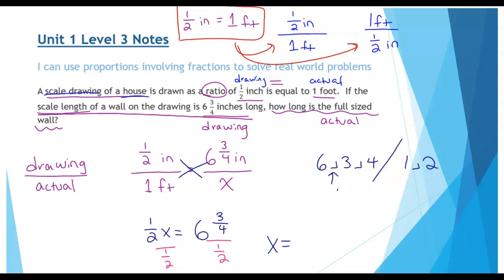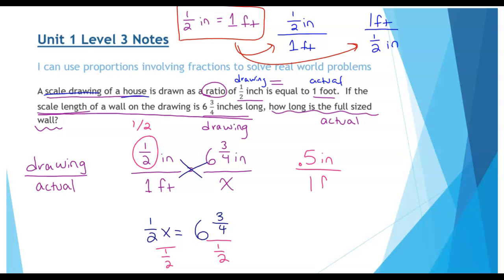The last way is to change it to just our decimals. All right, so 1/2. If I do 1 divided by 2 on my calculator, I get 0.5 of an inch. On the bottom, I have 1 foot, so that's good. Now 6 3/4. Well, 3 divided by 4 is 0.75.